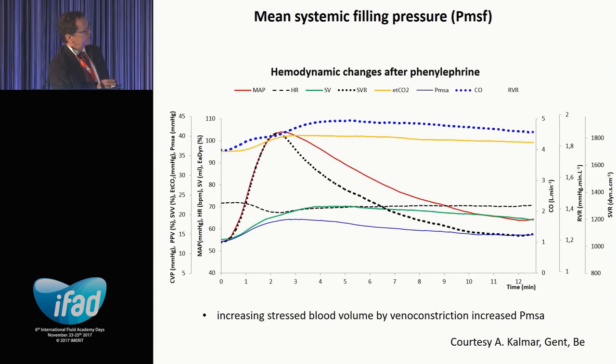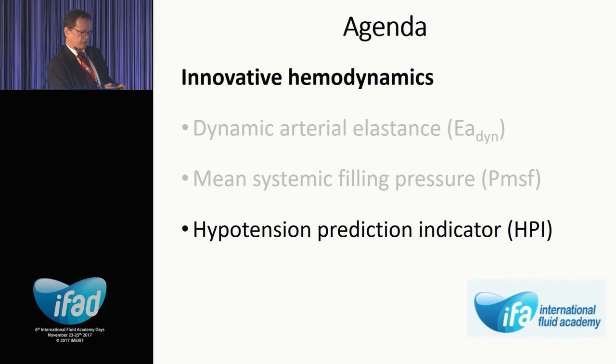As you can see, this is the blood pressure, and the blue one is the increase in cardiac output. So phenylephrine, in normal patients, would sometimes decrease cardiac output, but in preload-dependent patients, by this mechanism, it can increase cardiac output by increasing venous return.